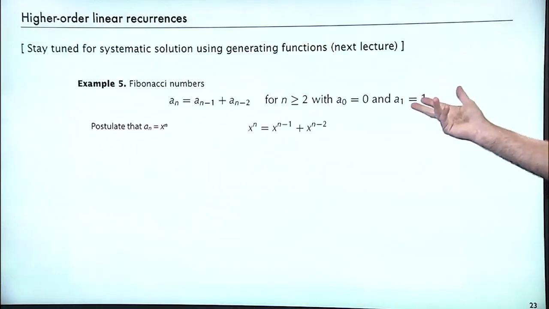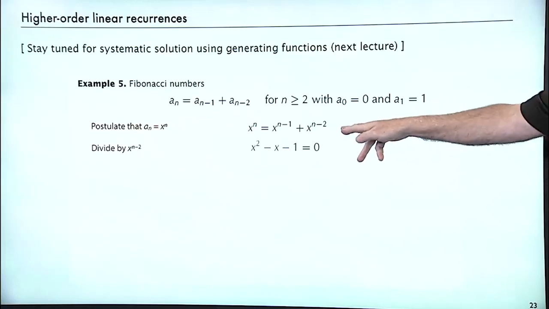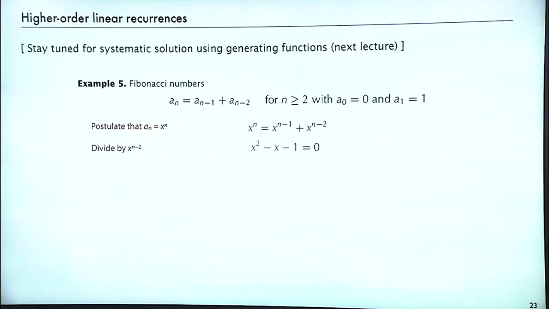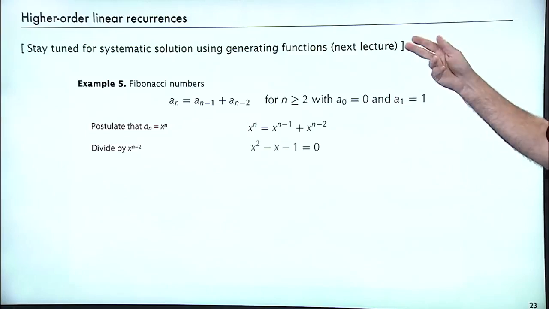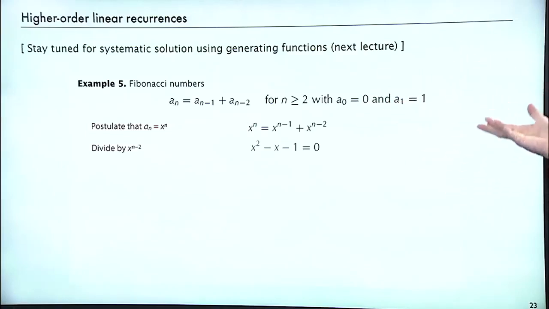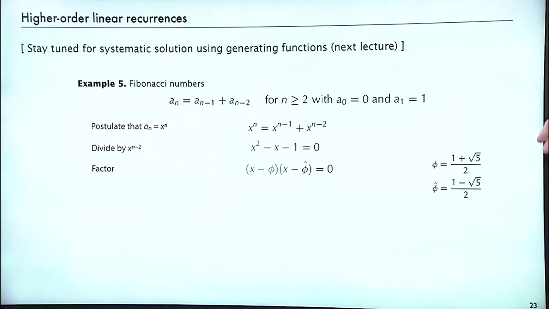So then we get, postulating a equals x to the n, we get x to the n minus 1 plus x to the n minus 2, which gives us this quadratic equation, x squared minus x minus 1 equals 0. The solution to that, using the quadratic equation, minus b plus minus square root of b squared minus 4ac, is going to have a square root of 5 in it. b squared is 1, 4ac is minus 4, minus 4ac is plus 4, 1 plus 4 is 5.